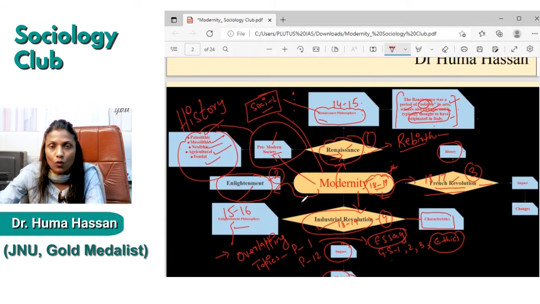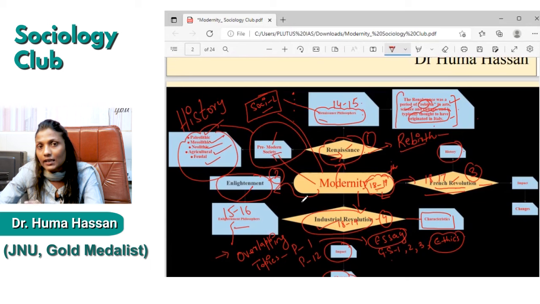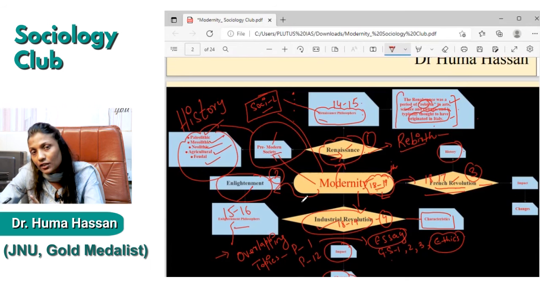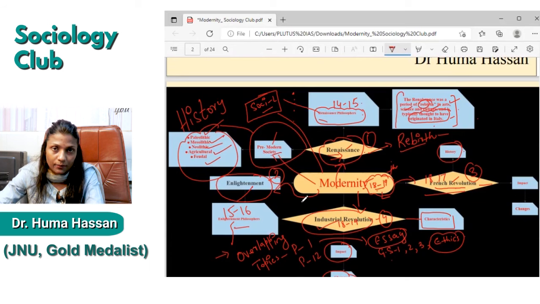The next topic of sociology, which talks about social change, needs to be understood with respect to Industrial Revolution. And then it should be correlated with the emergence of sociology. And then you will be ready with a good answer, an answer which will help you achieve good marks.